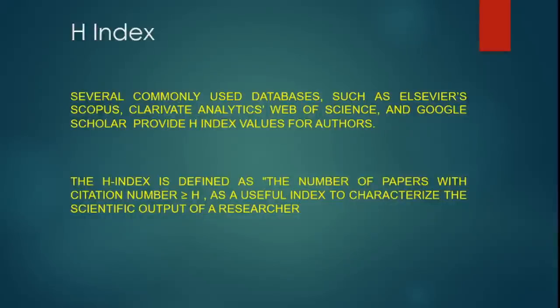The h-index provided by these three databases may be different, depending on the number of citations they recognize. The h-index may be defined as the number of papers with a citation number greater than or equal to h. This is a useful index to characterize the scientific output of a researcher.